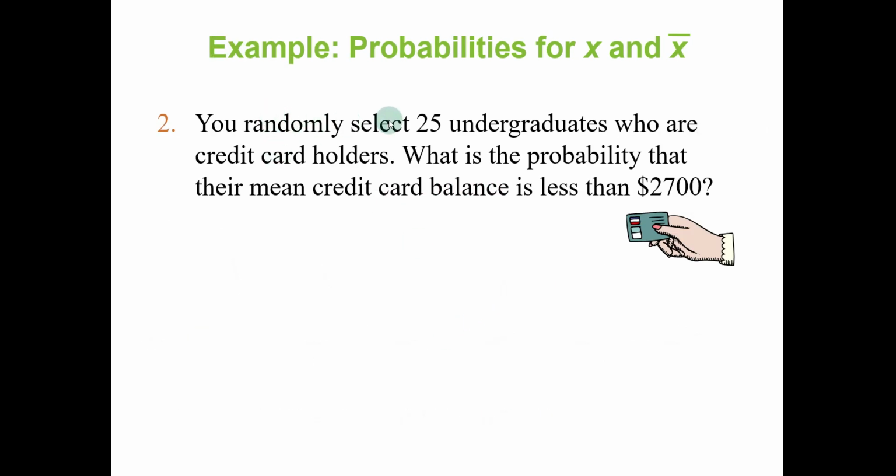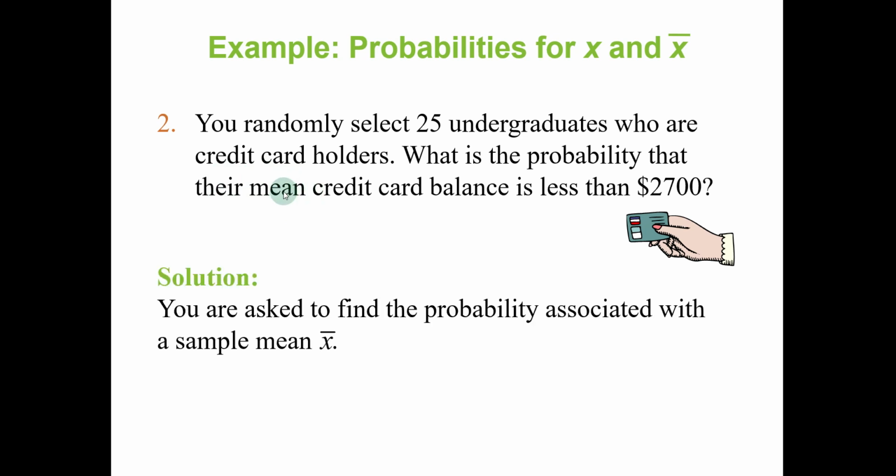Second question. Now it says, what is the probability that their mean credit card balance? Now it's not just the credit card balance, but it is the mean credit card balance. So in this case, you have to use the new formula we are talking of, not the previous one. Here, of course, you see it's also giving you n.